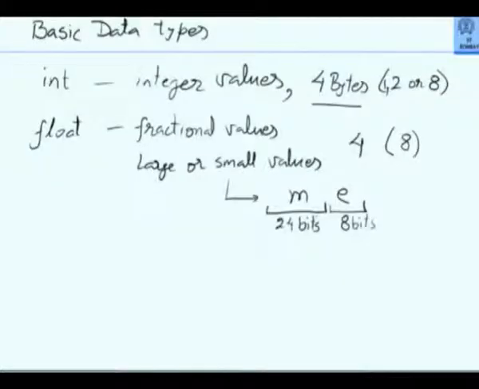Then there is a basic data type called char, which handles what? One symbol, one ASCII symbol. And this is always 1 byte.